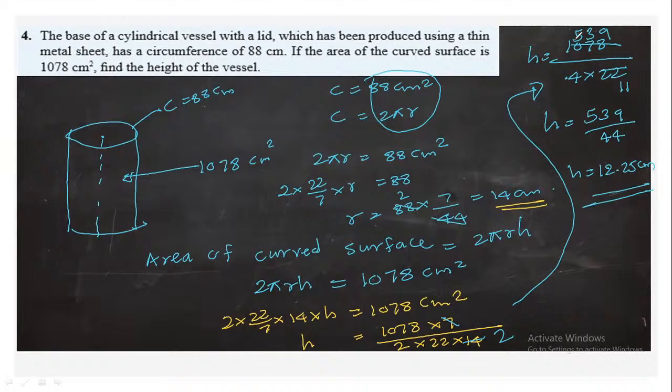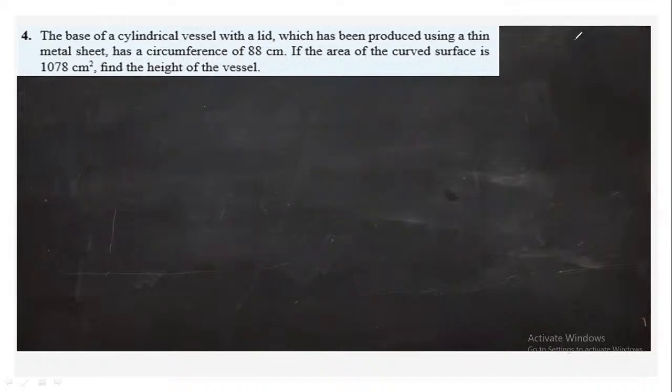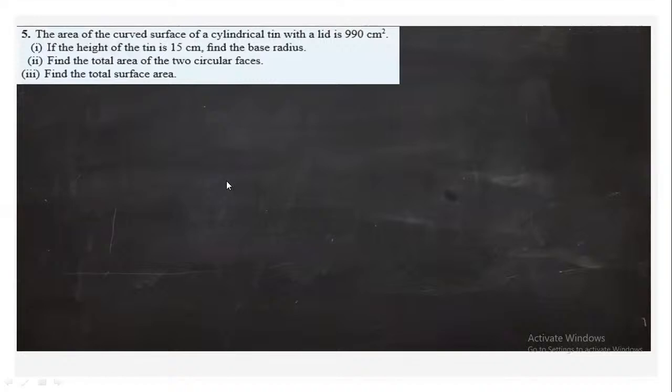Next question, question number 5. The area of the curved surface of a cylindrical tin with lid is 990 square centimeter.